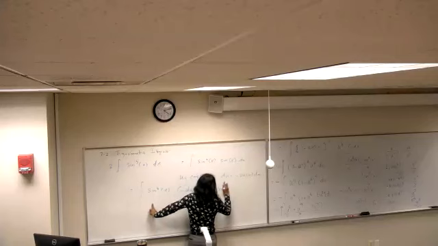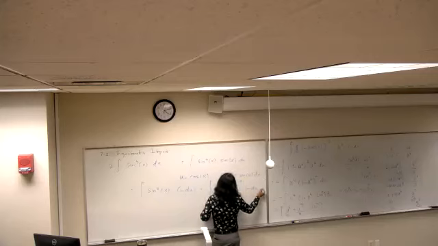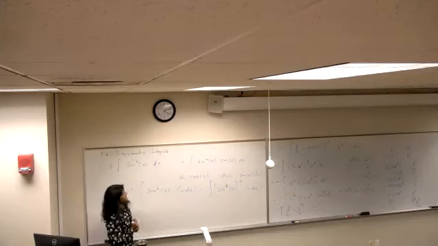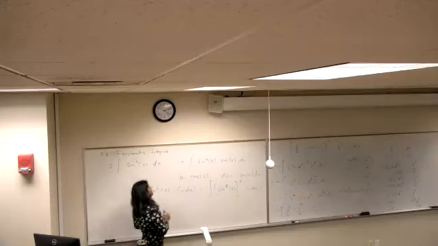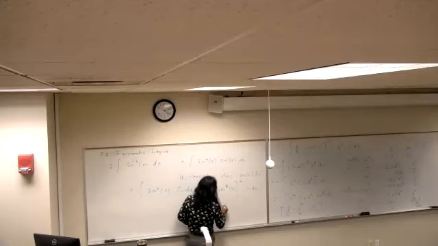Sine, fourth power of sine is sine squared x, square the whole thing. I know u has to be cosine. It hasn't showed up yet, but I also know sine squared is 1 minus cosine squared x. Pull that negative out, du.